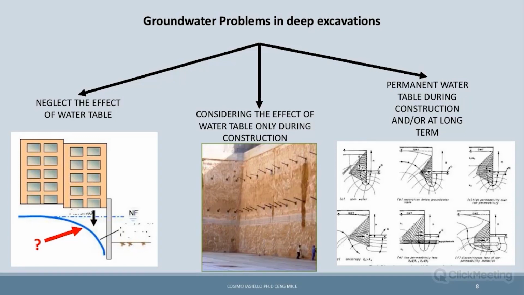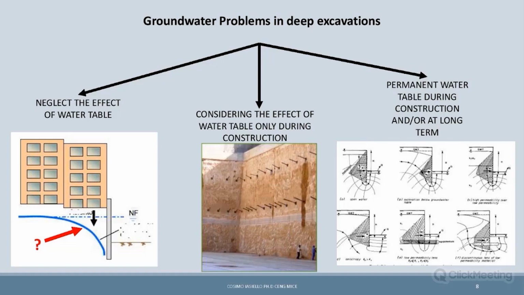Regarding the groundwater, we have three possible conditions. One is neglecting the effect of the water table. We will not consider it. We know that there is a water table, but we will control it, or maybe the water table is not able to create any problems for our structure.